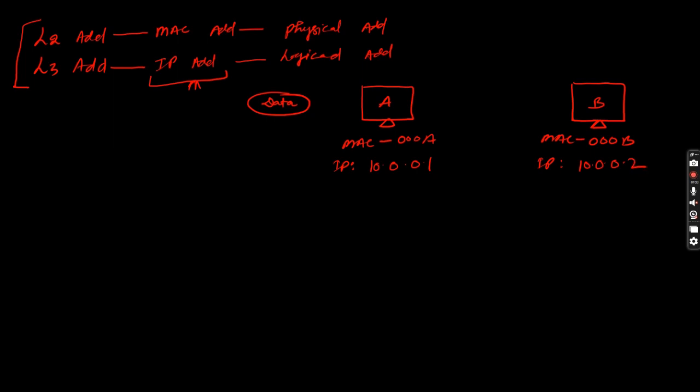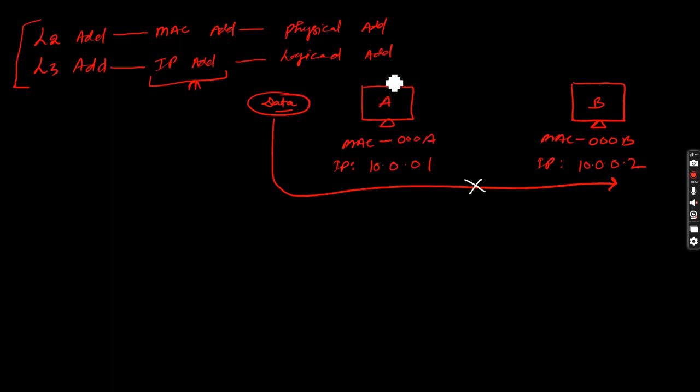Now try to understand, for this particular PC, if you have any data and you want to transport that data to this particular PC B, you need to have this information. I want to transfer this data to this particular machine here, but by default it is not at all possible to transfer this data directly. The data will be like this.